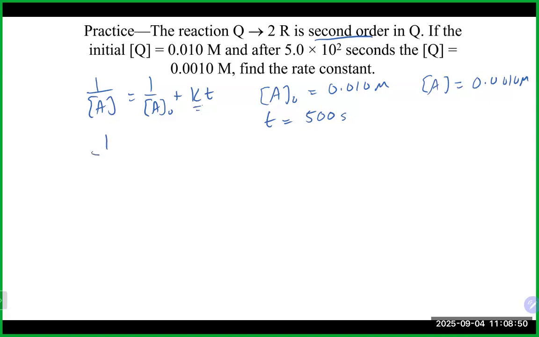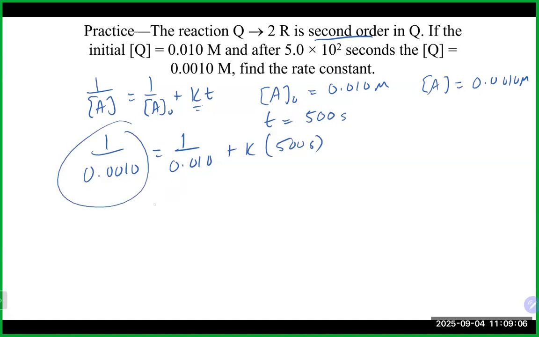That gives us 1 over 0.001 equals 1 over 0.01 plus k times our time of 500 seconds. I'm going to take 1 over 0.001 and subtract the other term from it. So 1 divided by 0.001 gives us 1,000, minus 1 divided by 0.01. That gives us 900 equals k times 500 seconds.